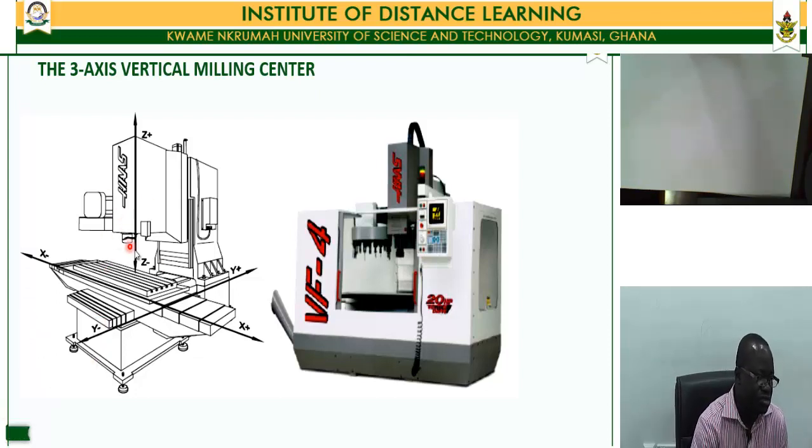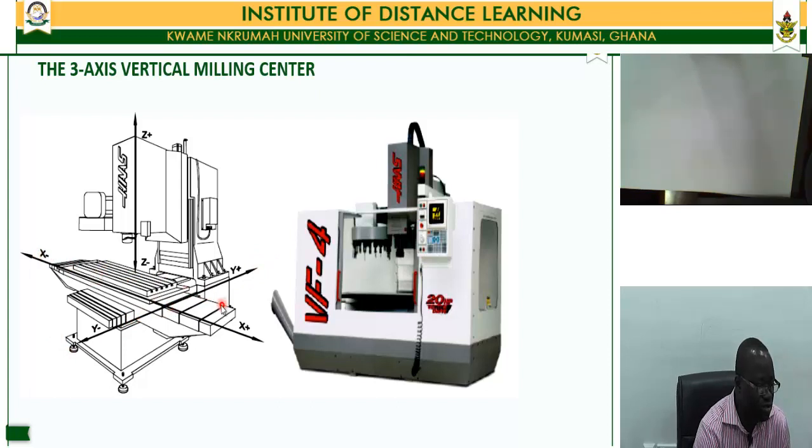Generally, if you look at this vertical CNC milling center, the Z-axis is the axis of the spindle, and from the spindle axis you have the zero starting from here. The Z-axis going up is positive here and coming down is negative.